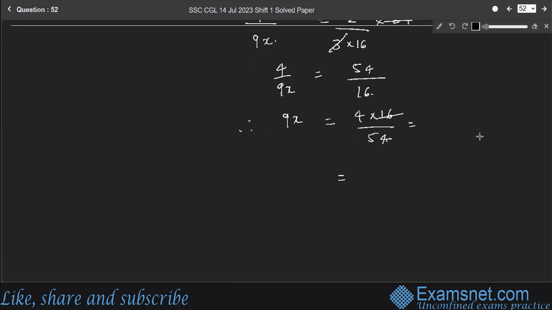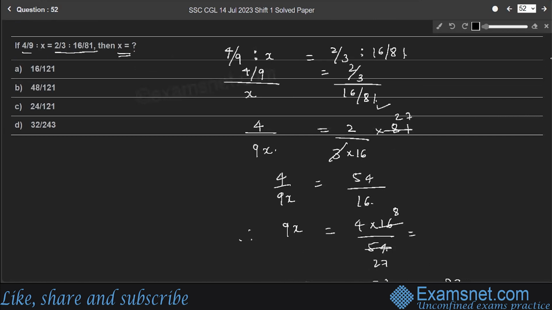Again we can simplify, 2 into 8, 2 into 27. So x is equal to 32 by 27 into 9, which is 32 by 243. So 32 by 243 is the value of x. Look at the options. Option D is the right answer.